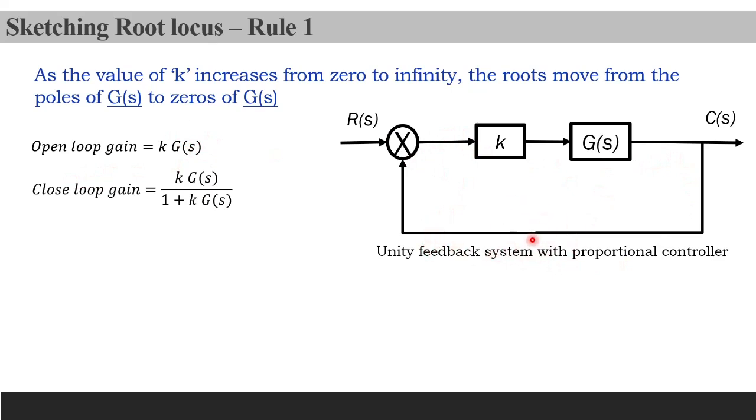The unity feedback, H(s), which is just 1, gets multiplied with K G(s), so we get the same result.